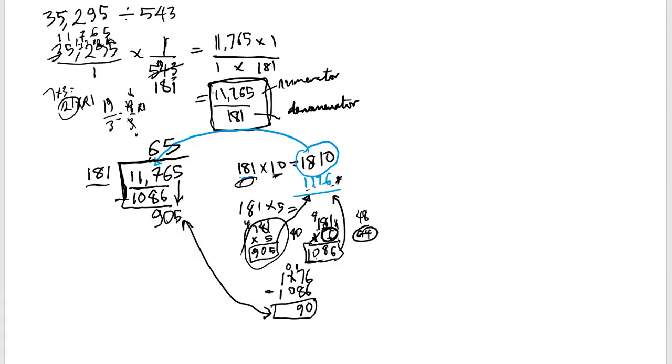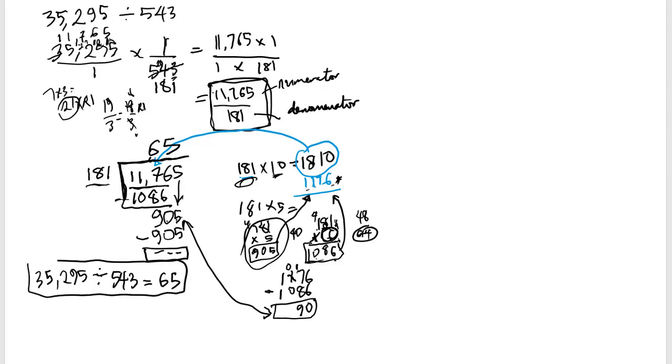By the time you do 5 times 181, you get 905, so that when you subtract, you're left with no remainder. Therefore 35295 divided by 543 is equal to 65. That's how you solve this problem.